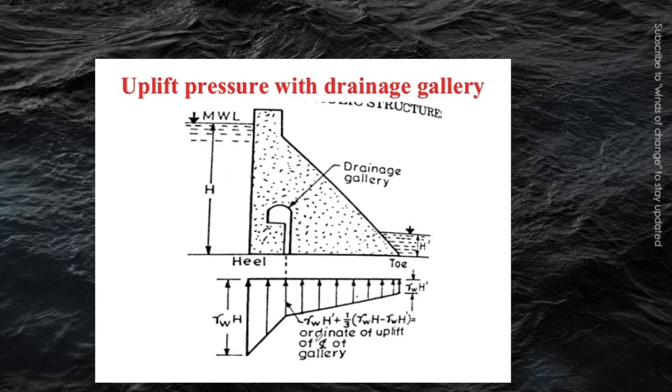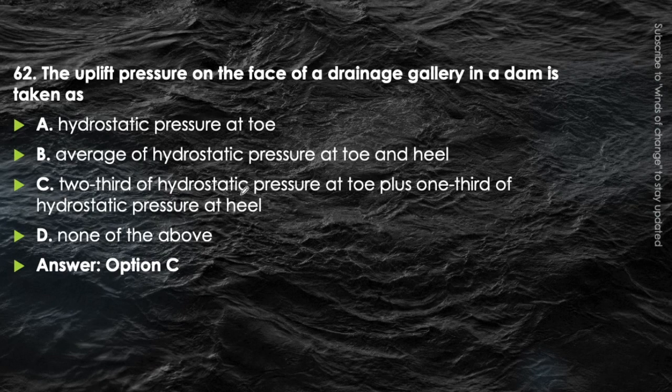So when you solve it, you will find that this is 1/3 of gamma w h, that is 1/3 of the uplift pressure at upstream end, plus gamma w h dash minus 1/3 of gamma w h dash, which will become 2/3 of gamma w h dash. So it will become 2/3 of the uplift pressure at the downstream end plus 1/3 of the uplift pressure at the upstream end, which was given in this option: 2/3 of the hydrostatic pressure at toe plus 1/3 of the hydrostatic pressure at heel.